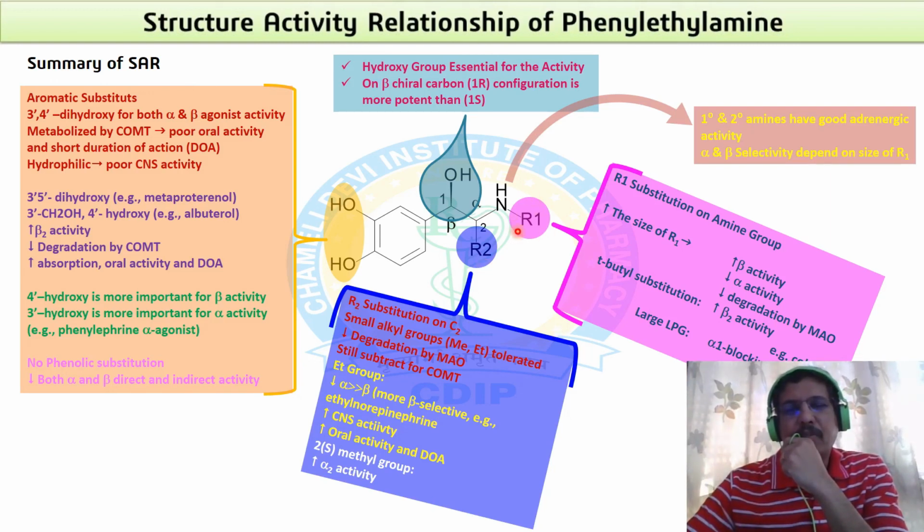Similarly, we can make changes on the R1 group, and this nitrogen may be primary or secondary for good adrenergic activity, and the selectivity comes from the size of the R1 group.